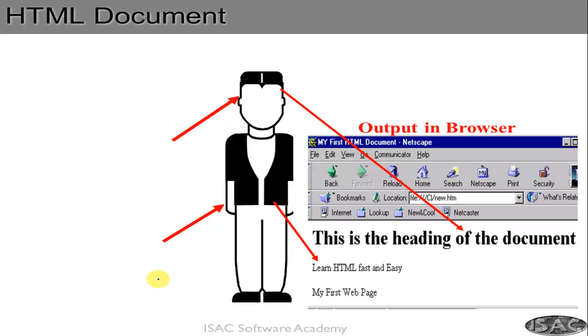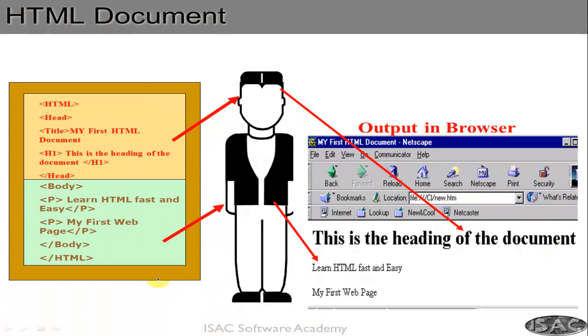Now, when you put something there, what does it look like? See the example. You can try this out on your computer. You start with this html, then head, and inside head there is a concept called title. You can put the title here as well.